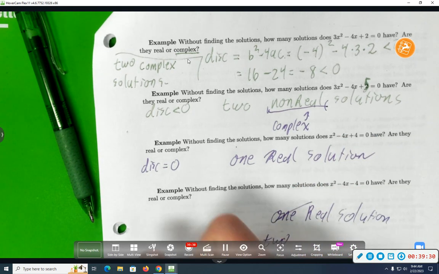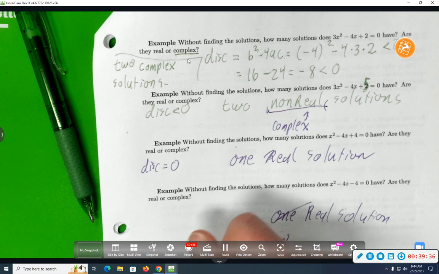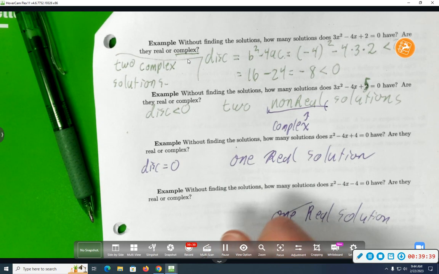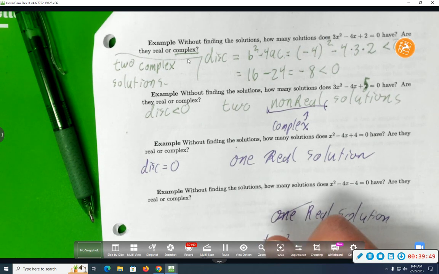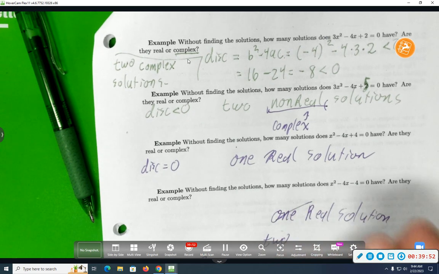Let's compute the discriminant. I suspect the issue is just a negative sign got lost. B squared minus 4AC. All right, so go through this problem. What is B squared equal to? 16. Minus 4 times, what is A equal to?